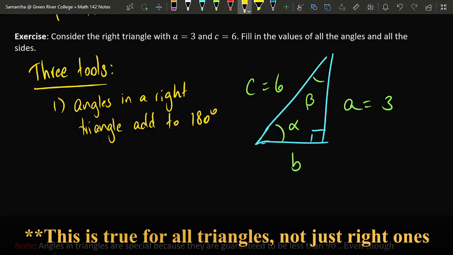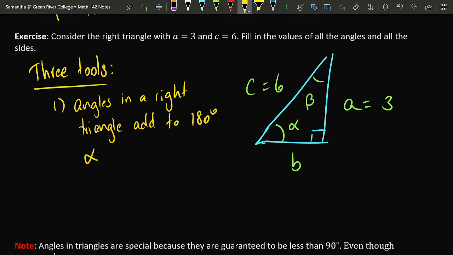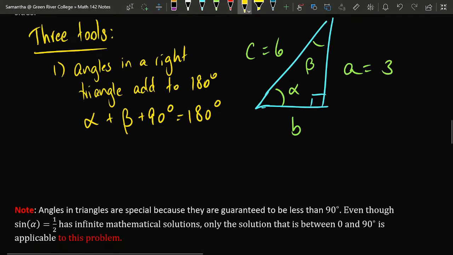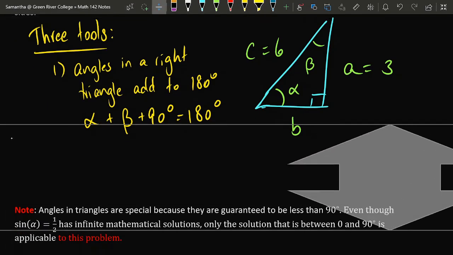So in this context, whatever value we find for beta, plus whatever value we find for alpha, plus the right angle in the corner, all those values have to add up to 180 degrees. That's one of the tools that we're going to use to fill in the blanks in this right triangle.